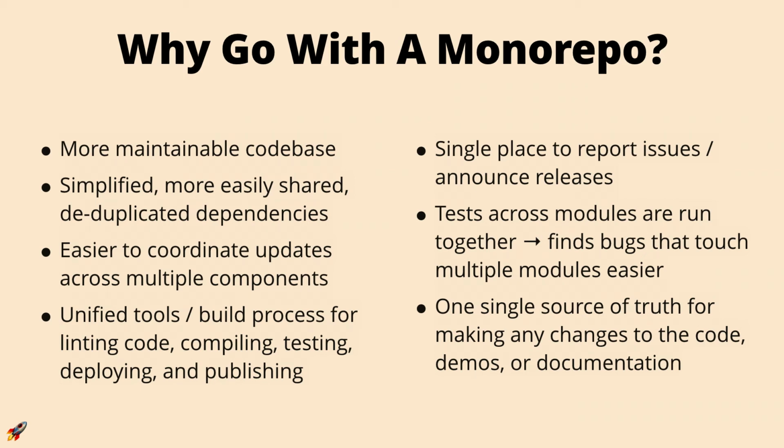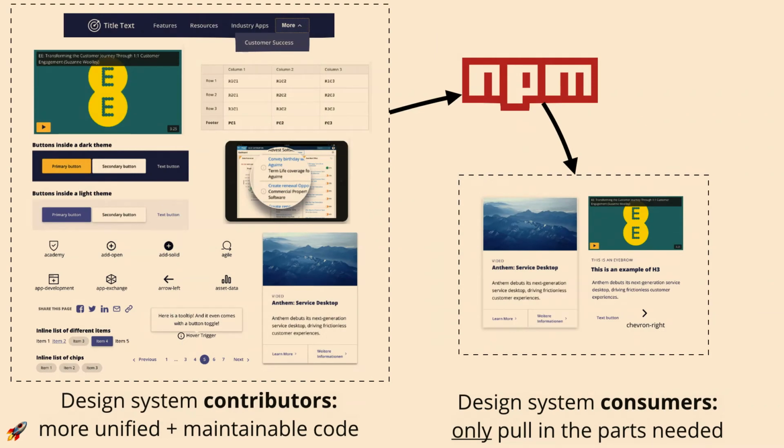And then, testing. You don't have to just worry about testing components in isolation. You can also orchestrate testing combinations of components all together because they all live in one spot. And then really it's a one-stop shop for any sort of changes, small and large, across your whole system.